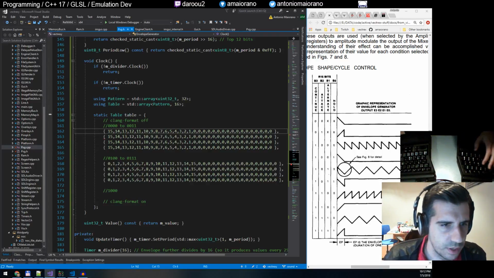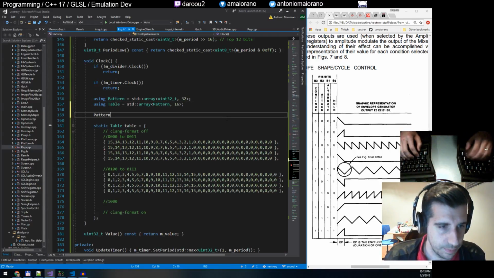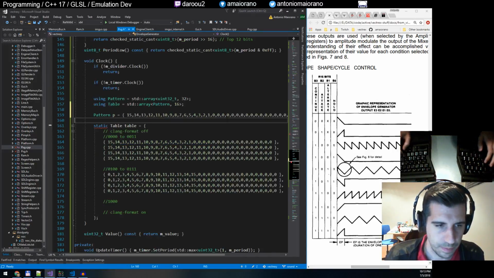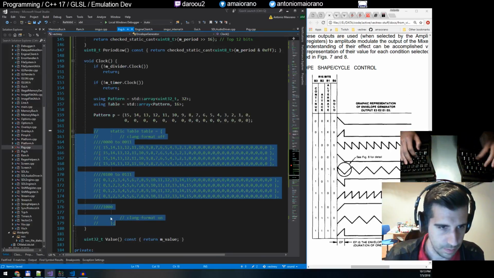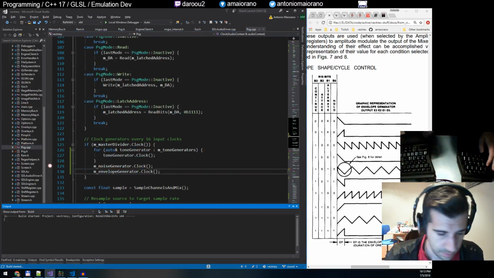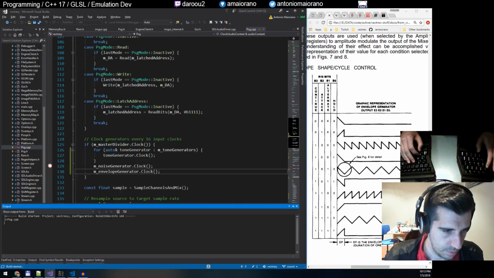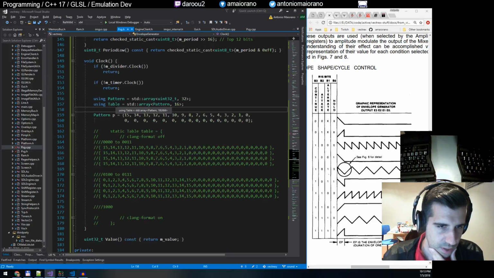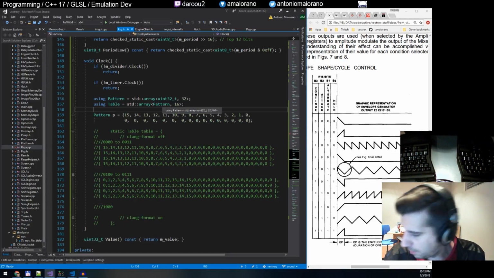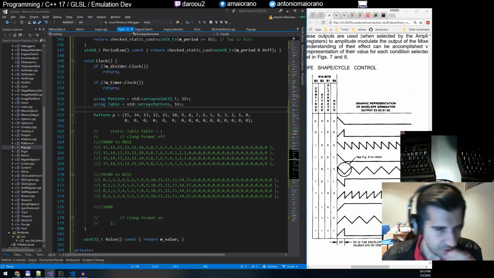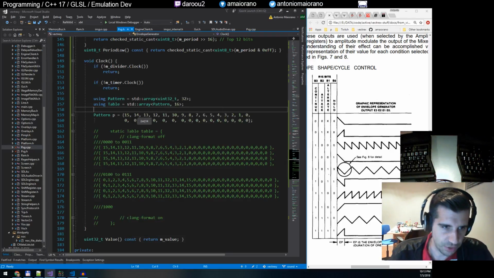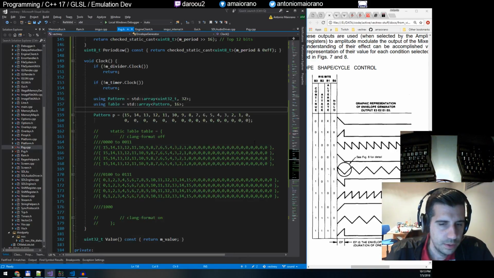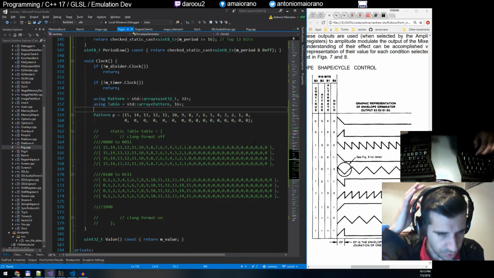So what's the problem here? Let me try something. Okay, so the pattern is fine. It's the table, which is an array of 16 of these patterns. I might be having an issue with using the initializer for std array here. I thought I could do it the way I was doing it here.